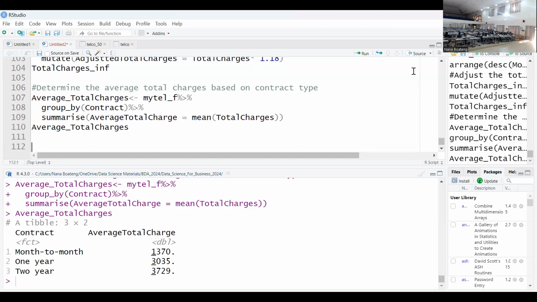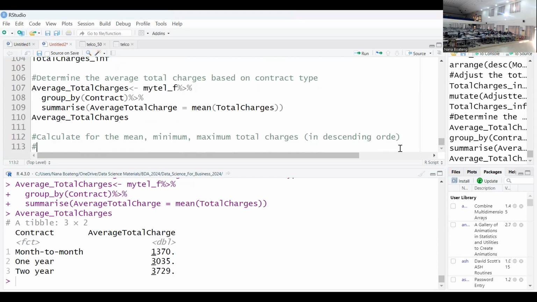So what we want to do is to calculate the mean, minimum, maximum total charges, in descending order, based on gender and payment method.